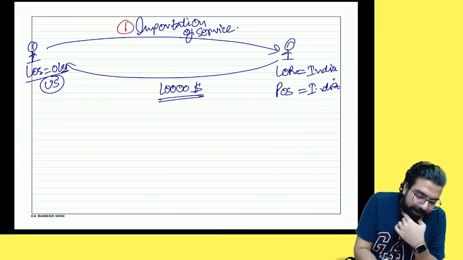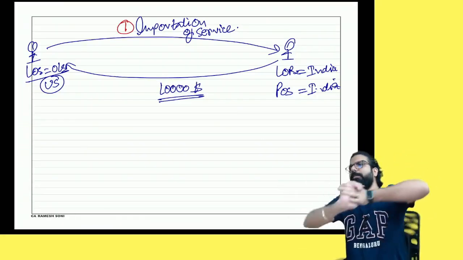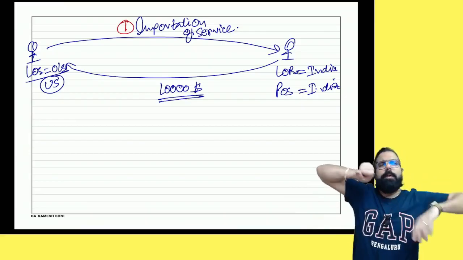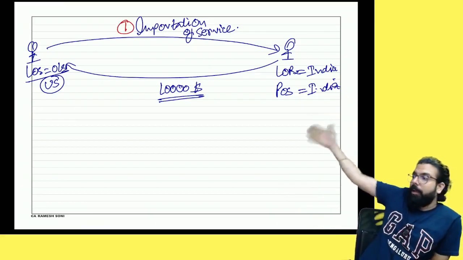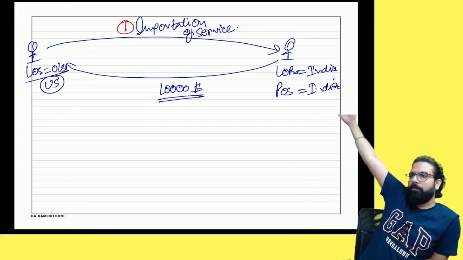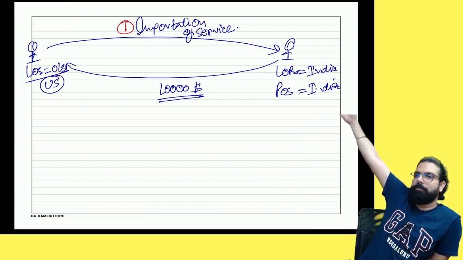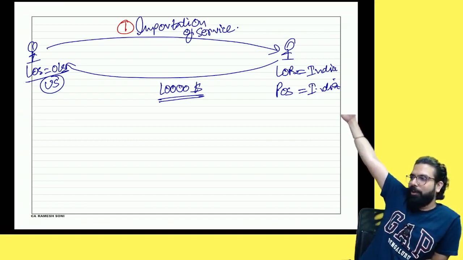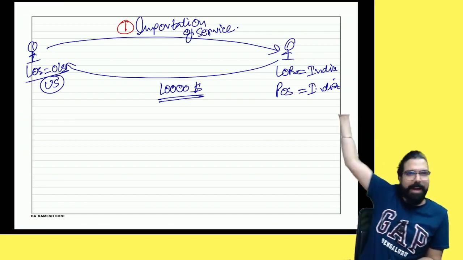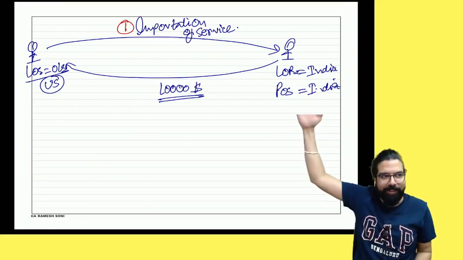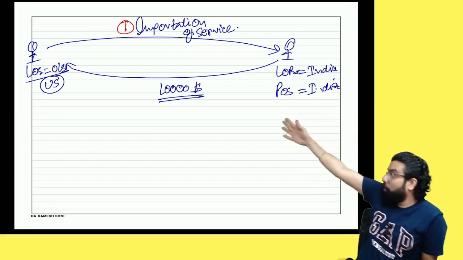Number one, it should be importation. What is importation, everyone? Importation means supplier is outside. Everyone, hands up. My right is your left. One hand. My right hand is your left hand. Okay? Supplier is outside India, like that.